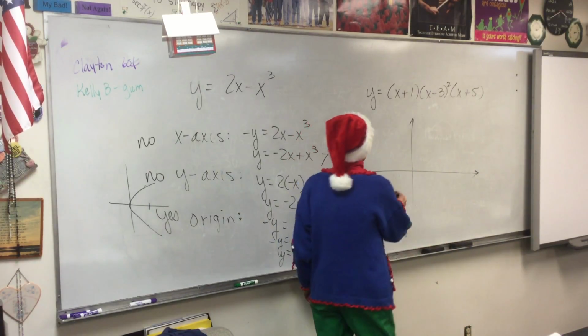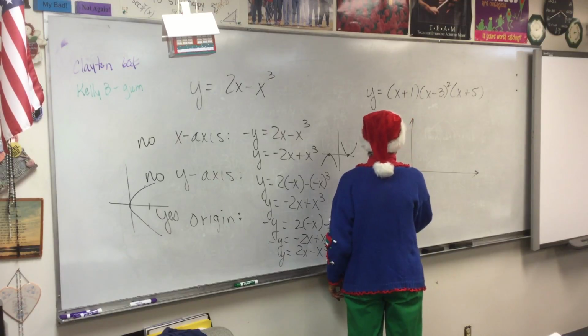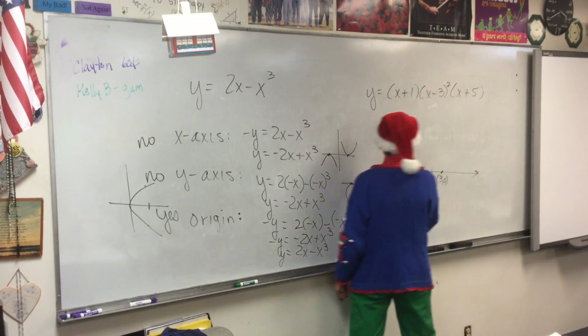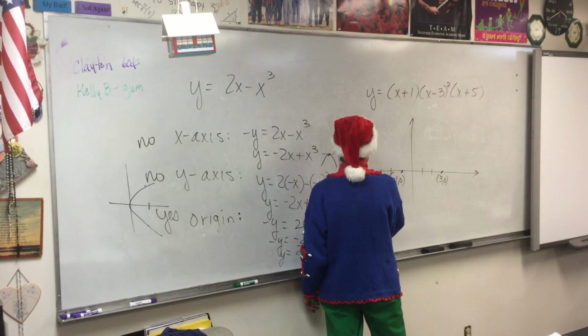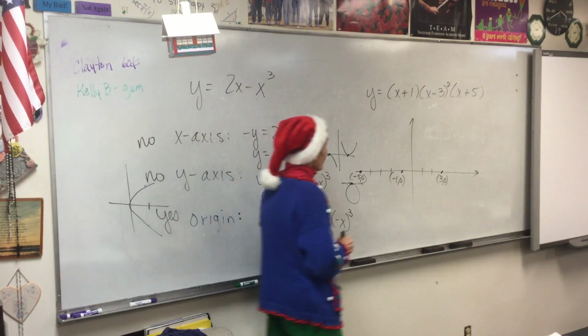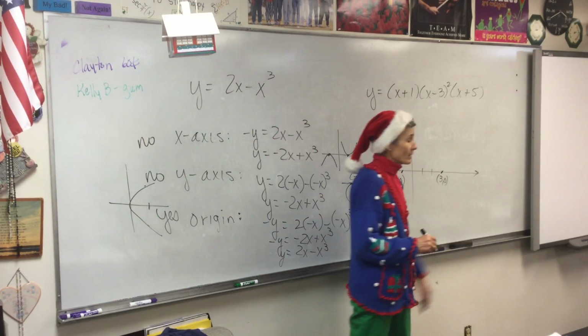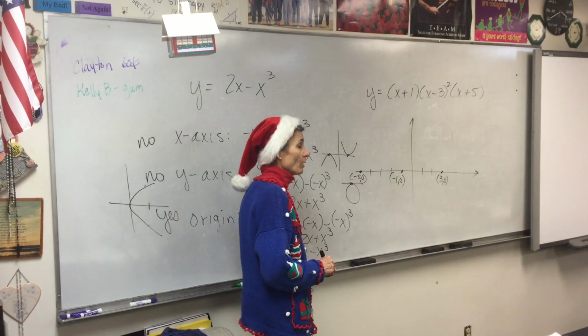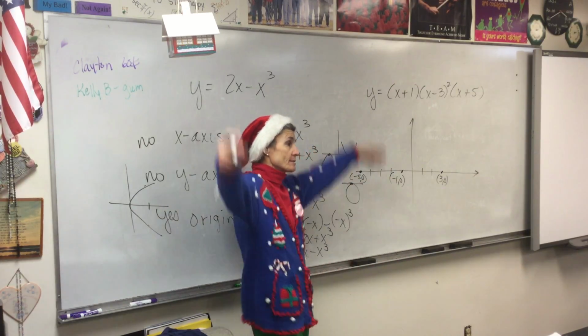Right? It has zeros at -1, 3, and -5. That's where it has x-intercepts, or zeros. What is the degree of this polynomial? 4. That's even. What do I know about even functions?